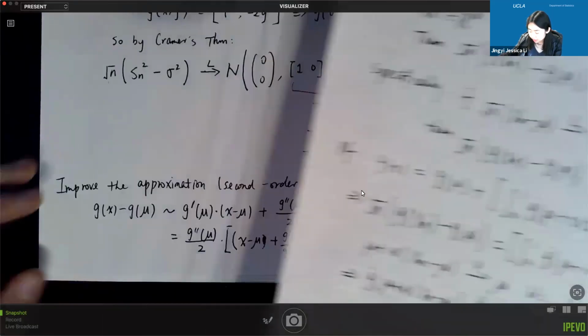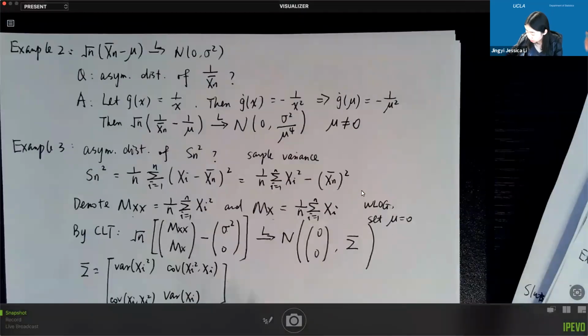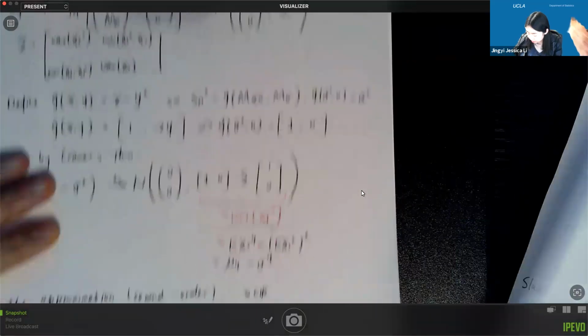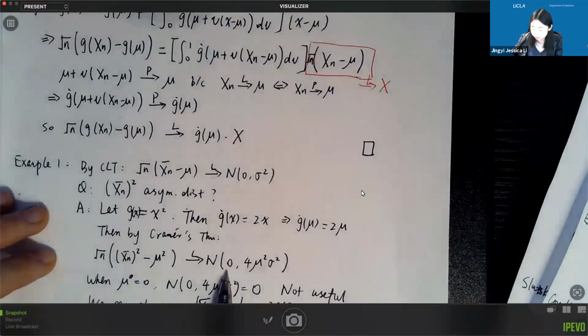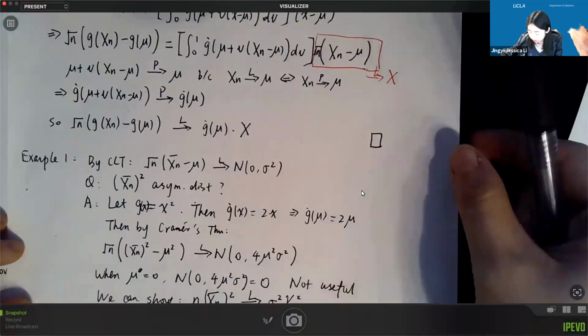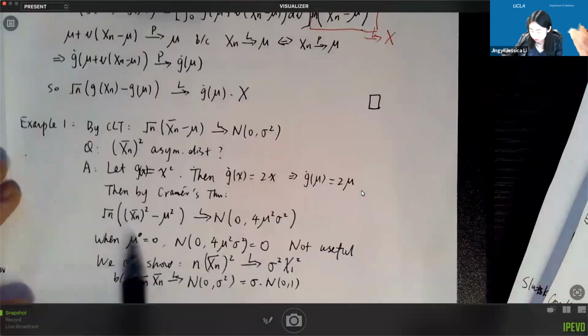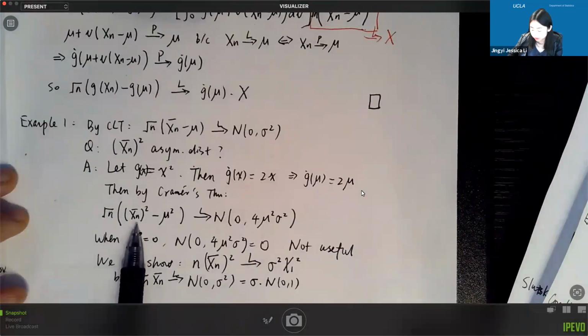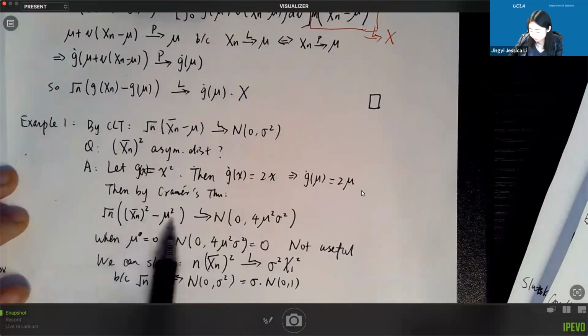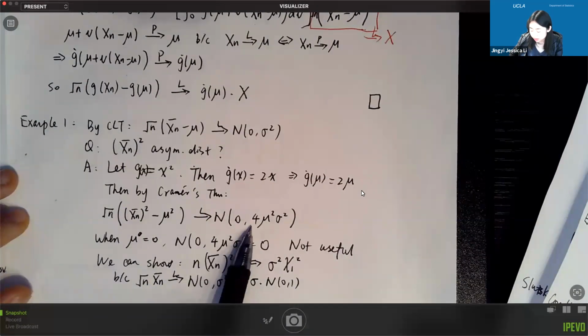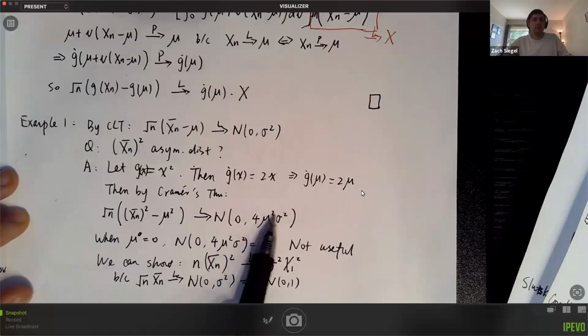This is an example where we do have an issue. In this example one, we are interested in deriving the asymptotic distribution of the sample mean square. By Cramer's theorem, we found that the asymptotic variance involves mu. So when mu is zero, the variance becomes zero.